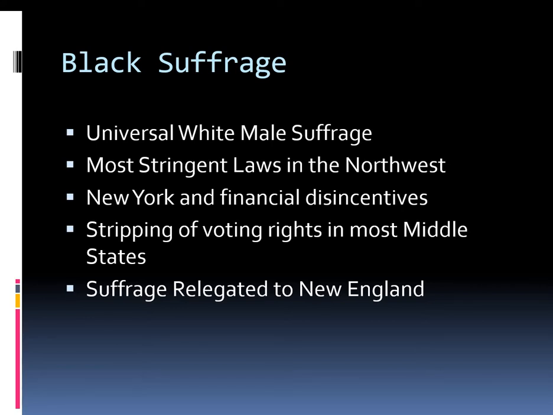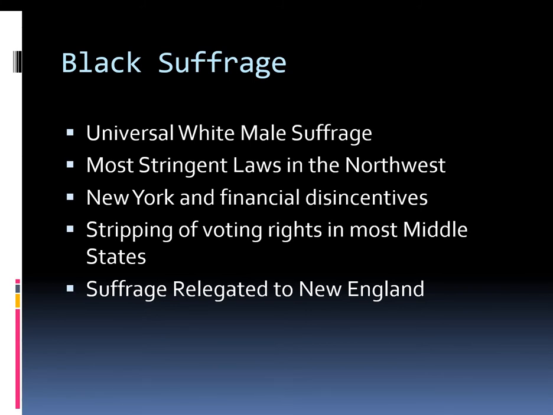Indeed, during the Jackson period, there had been a great attempt to make sure that all white men could vote. It used to be that obviously you had to be white, you had to be male, but you also had to own property. And Jackson is working pretty hard to try to see that all white men can vote.